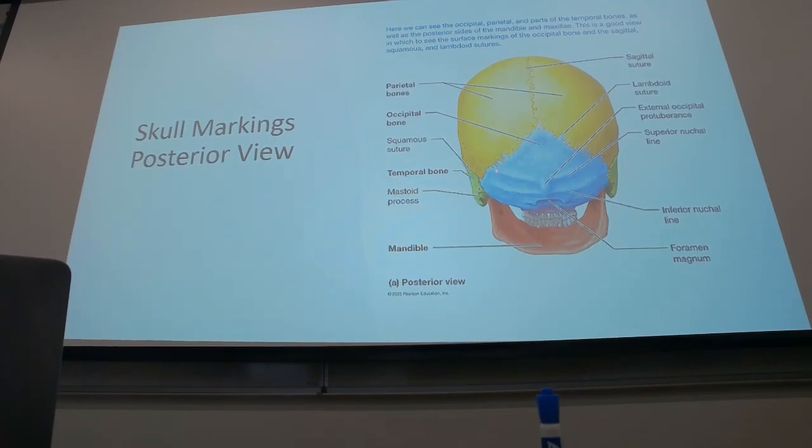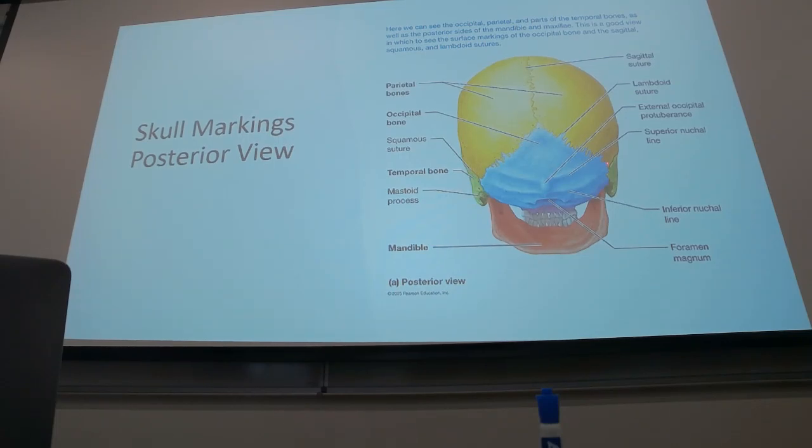Now, in this middle to lower part of the occipital, we have two lines that run from left to right, one that is upper, the other one that is lower. So this line is called superior because it's above, nuchal because it's in this area of the skull that is called the nuchal area, and then line.